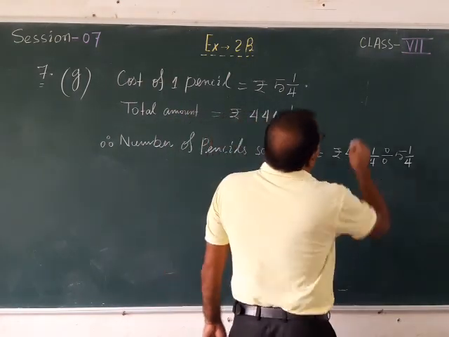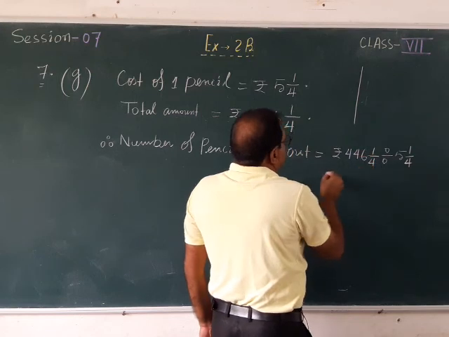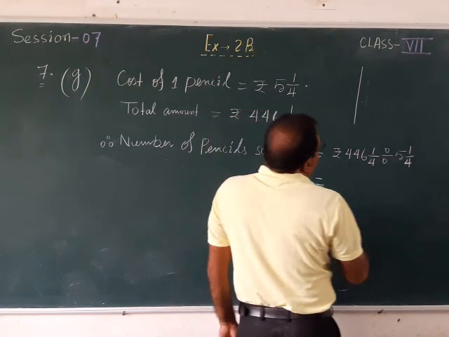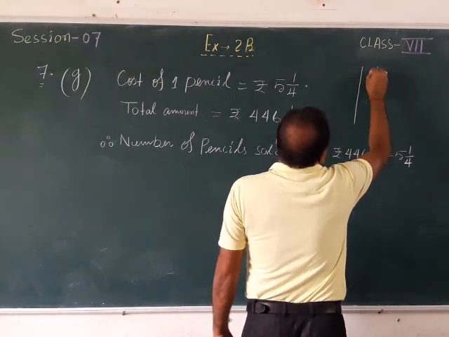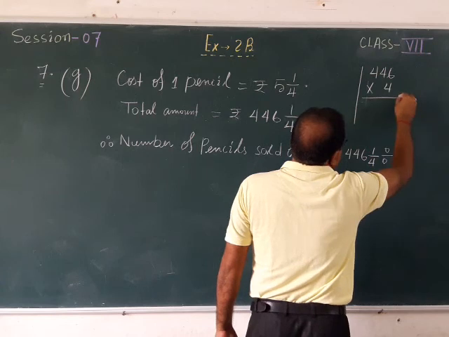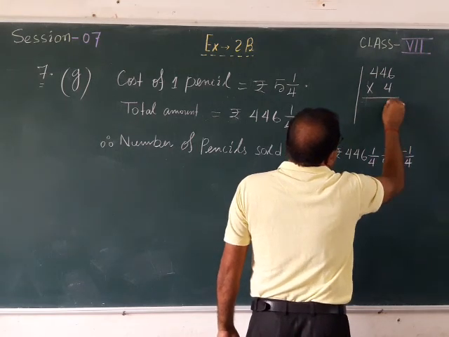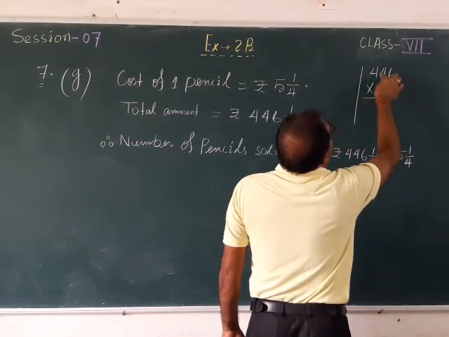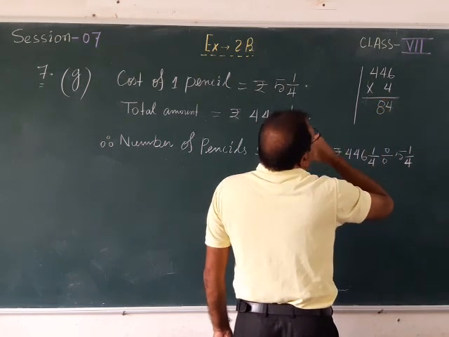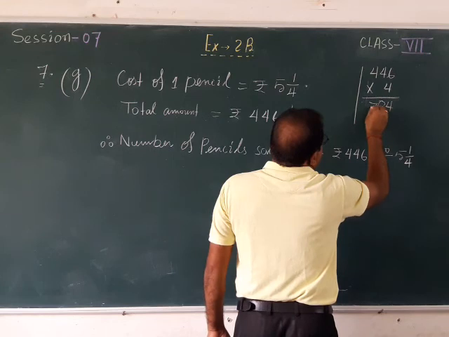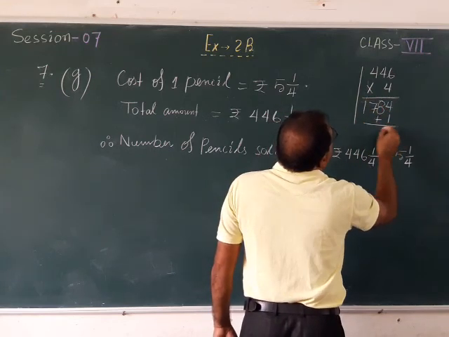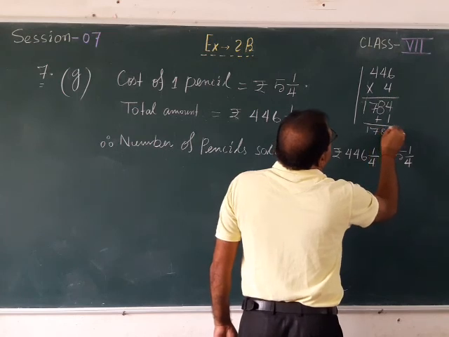So, first of all you have to make it an improper fraction. For the improper fraction, 446 should be multiplied by 4: 4 sixes are 24, 4 carry 2, and 4 fours are 16 plus 2, that is 18, 8 carry 1, and 4 fours are 16 and 1 is 17, 7 carry 1 and plus 1 here, that means it will be 1785.